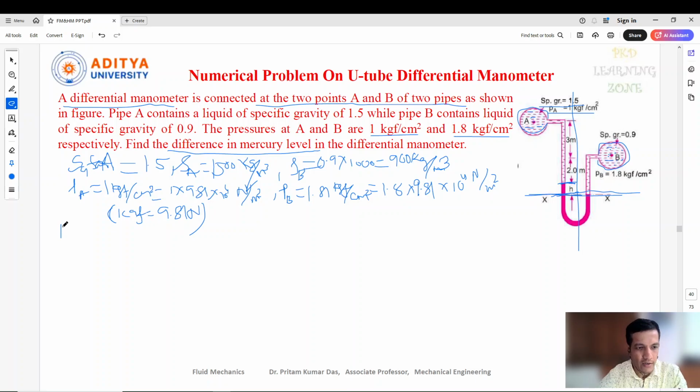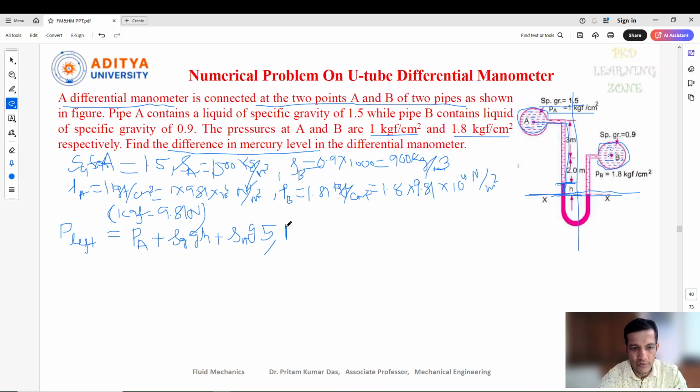The pressure at the left side above the datum line equals the pressure at A plus rho g h for this liquid, where h is not given, plus the same liquid from here to here, rho A g into the total height, 3 plus 2, 5 meter. So this is the left side pressure.